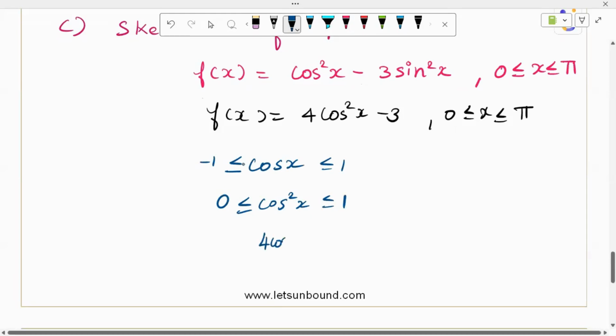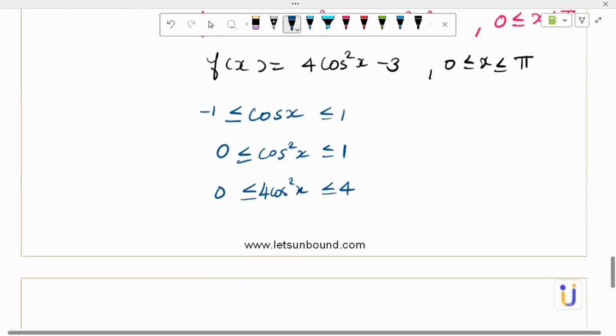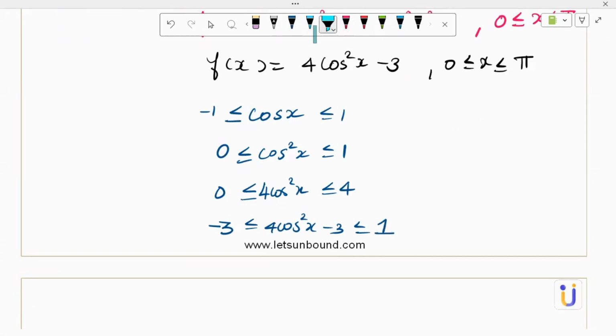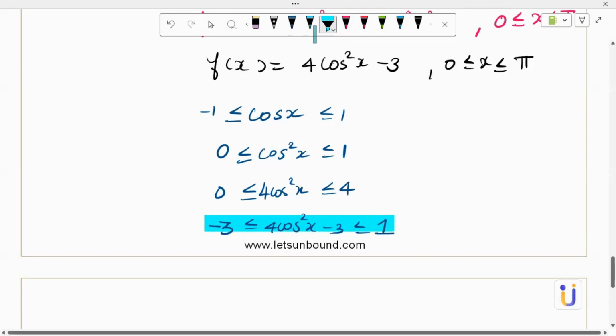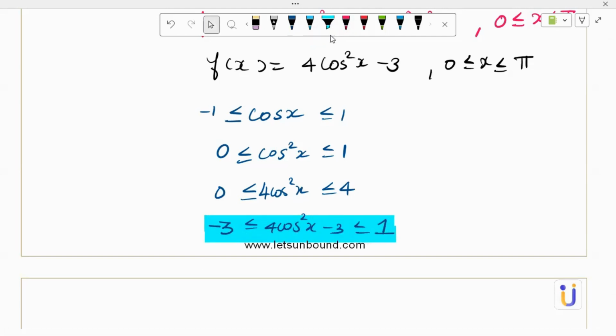And 4 cos square x, if you multiply by 4, it ranges from 0 to 4. And for 4 cos square x, subtract 3 on all the sides. You will get 0 minus 3, which is minus 3, and 4 minus 3, which is 1. So this is the range. Your graph is going to lie between minus 3 to positive 1.